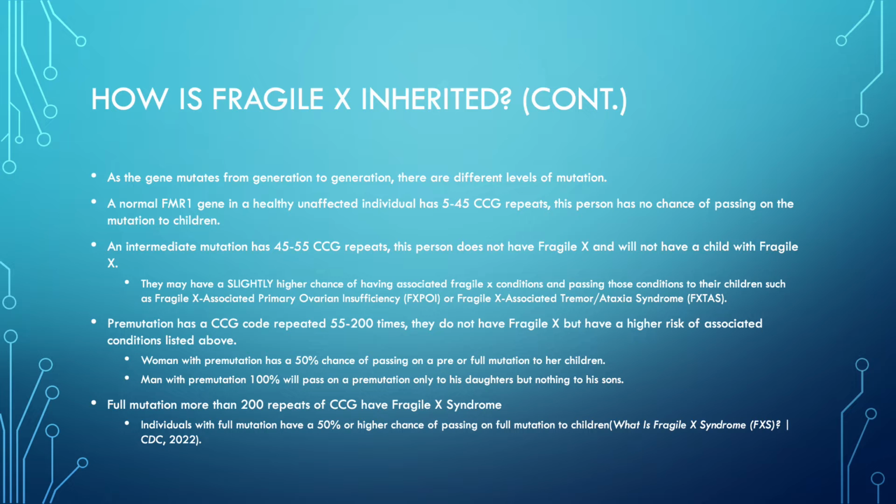A man with a premutation will 100% pass on a premutation only to his daughters, but will not pass on anything to his sons. Full mutation, more than 200 repeats of the CCG, means the individual has Fragile X syndrome. Individuals with full mutation have a 50% or higher chance of passing on the full mutation to their children.